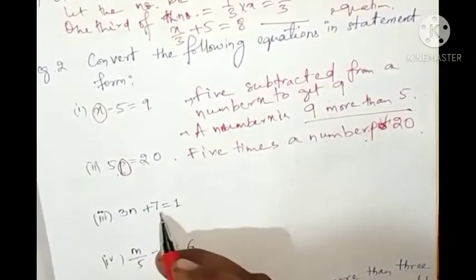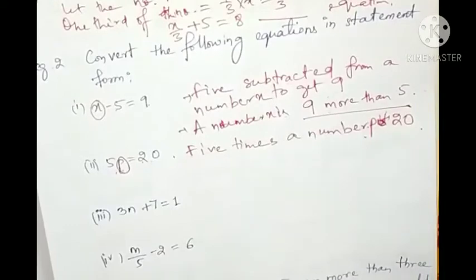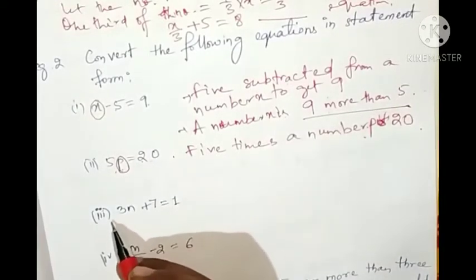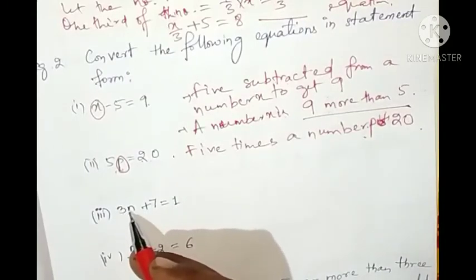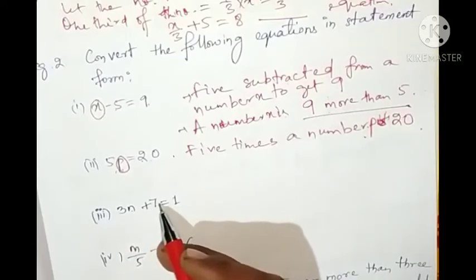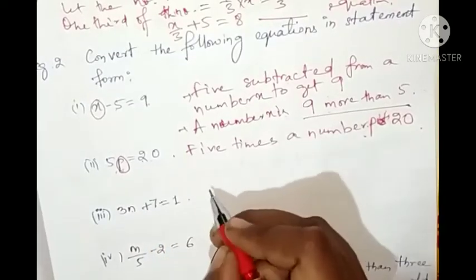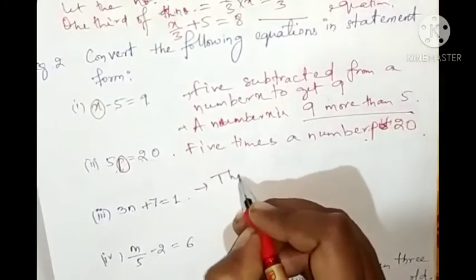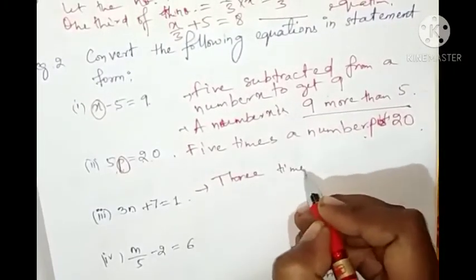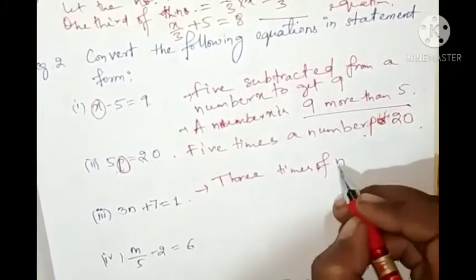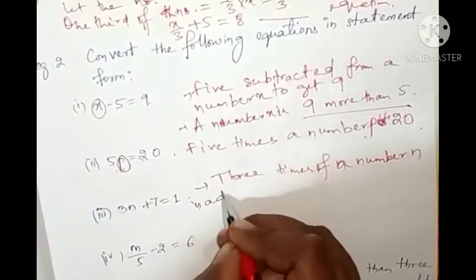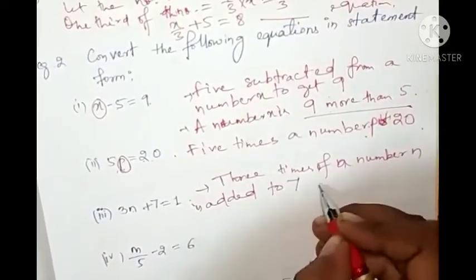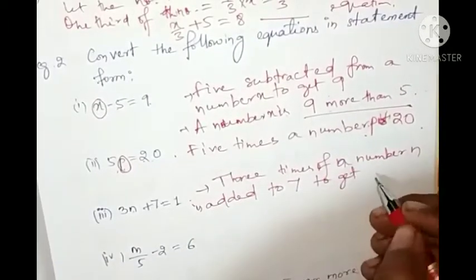Next, 3n plus 7 equal to 1. So 3 times of n, or you can say 3 times of a number n is added to 7 to get 1.